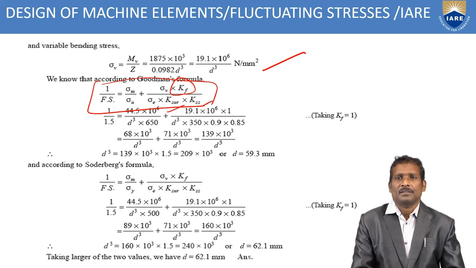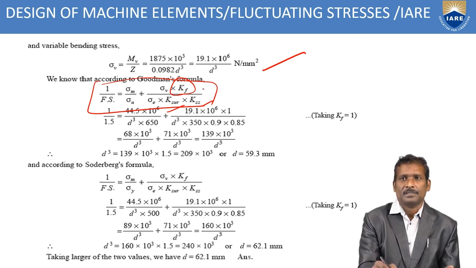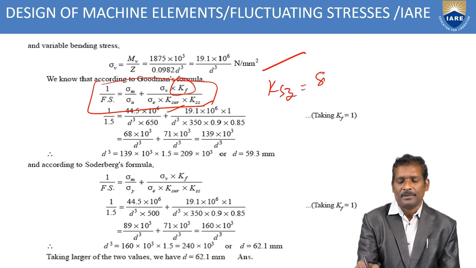Some factor values are given in the problem. That is the fatigue stress concentration factor, K surf is the surface roughness factor, and this K size represents a size factor.